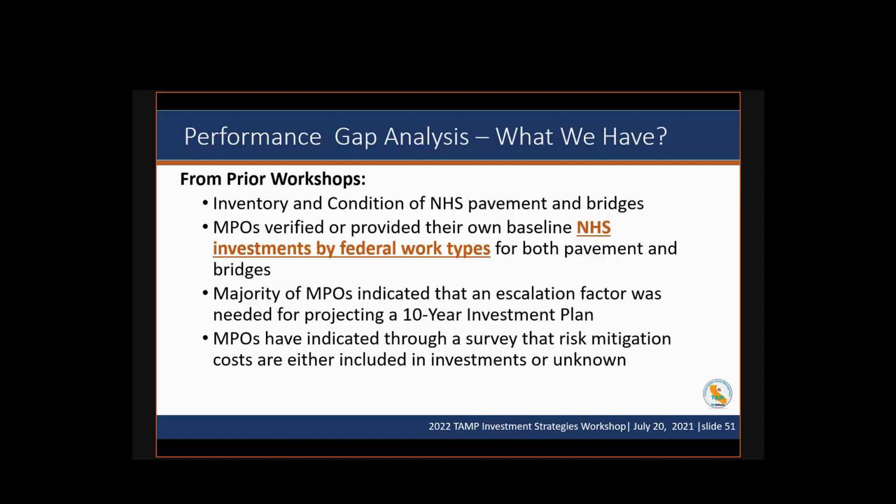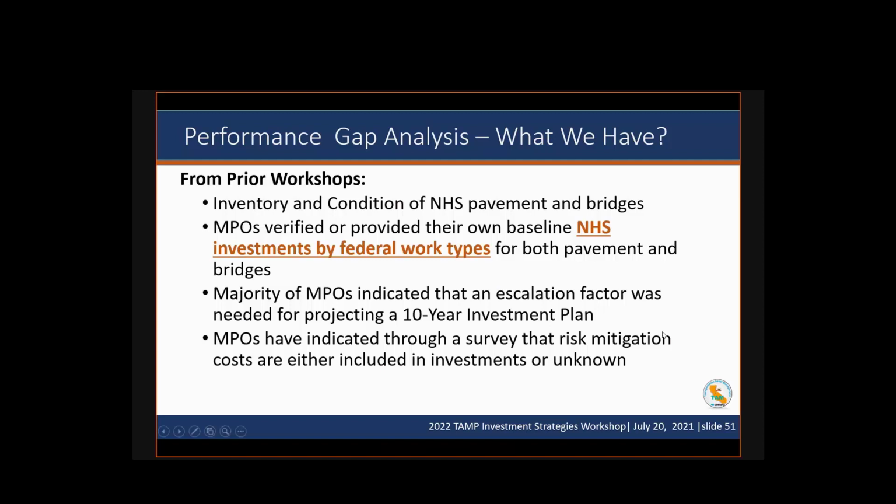And so we gave the opportunity for this review and to see if these numbers made sense to our local partners. And these other 2 bullets about what we already know: we asked, if we're trying to set a 10-year investment plan for the TAMP, should we be considering, based on these baseline numbers, an escalation rate or not?